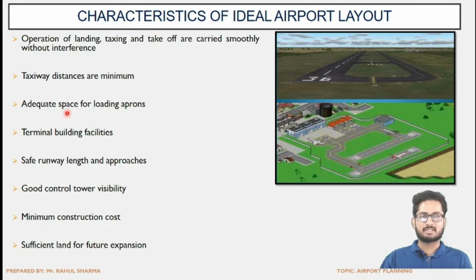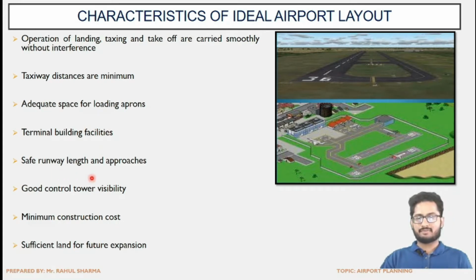It should not be such that during the peak hours the aircraft does not have space to carry out its loading and unloading operation. Terminal building facilities: the terminal building which is going to handle the passengers, or any other terminal areas such as aprons or hangars, they all should have the basic facilities available as per the need.